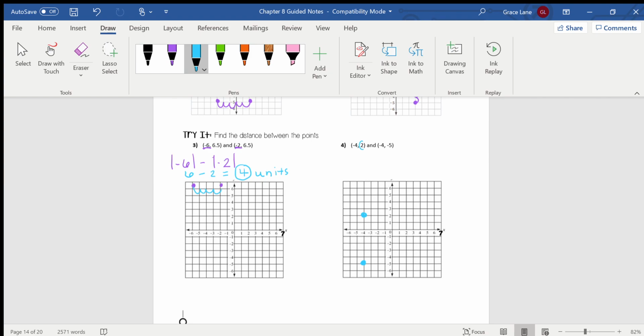So you would take the 2, the -5, figure out what those are equal to. The absolute value of 2 is 2, absolute value of -5 is 5, so that would be 7 units. If you weren't sure, go back and count. 1, 2, 3, 4, like that, and it should also be 7 units apart.